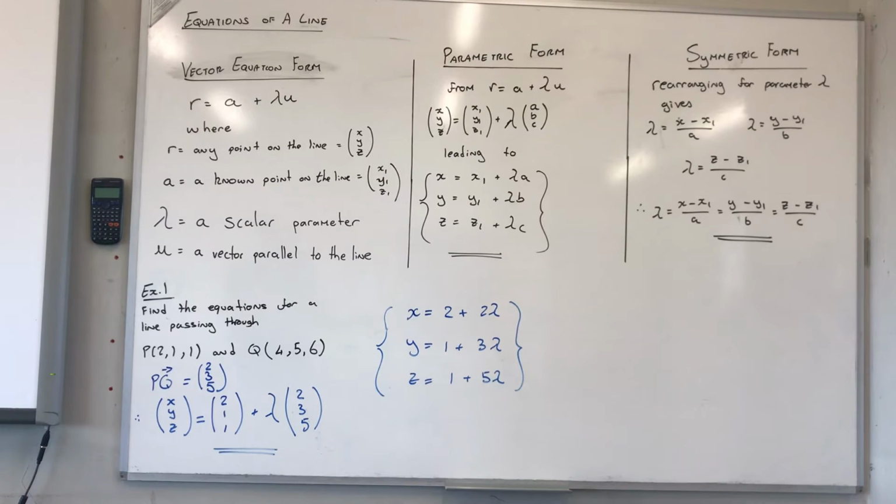Straight away, it's pretty straightforward to read off from the vector form what the parametric form is. It might have looked complicated with all the words and different types, but it's really straightforward once you get used to it. Lastly, I can convert that to the symmetric form, firstly by rearranging for lambda, and then making them all equal to each other.